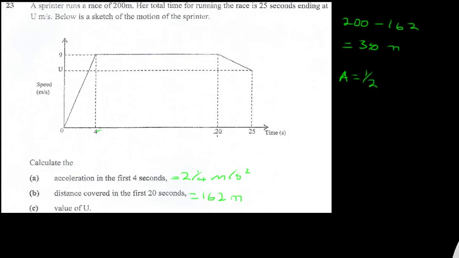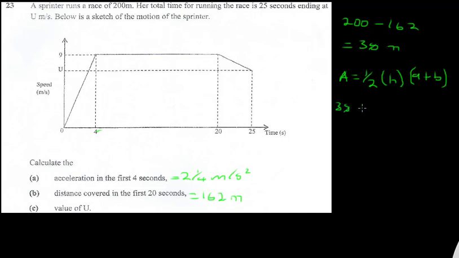half h multiplied by this distance, which is a, plus the shorter distance, which is b.